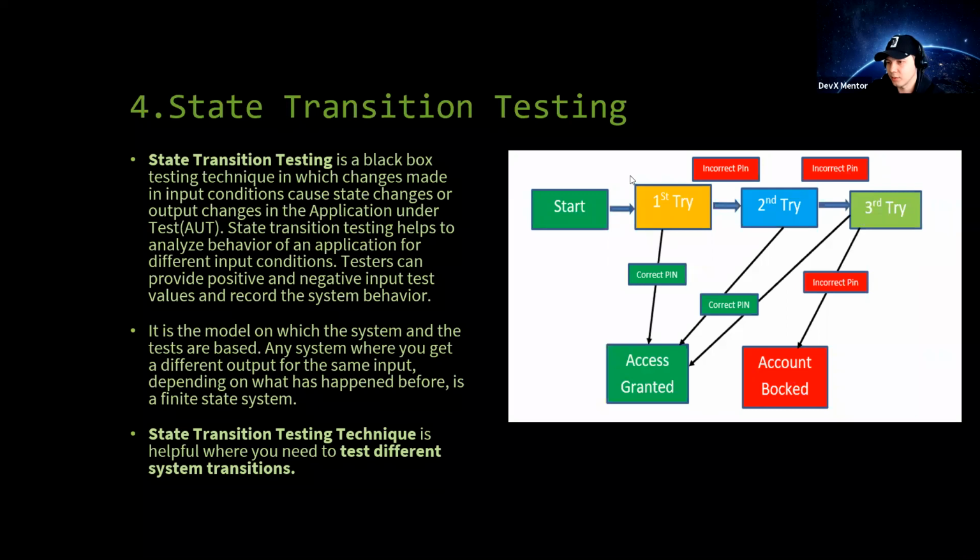So you had the same input, but you got different scenarios. The first time was fine, the second time was fine, after the third one the account got blocked. And if you try the correct PIN, it's going to work from the first attempt, from the second, or from the third. So that means we will better understand the behavior of our program.